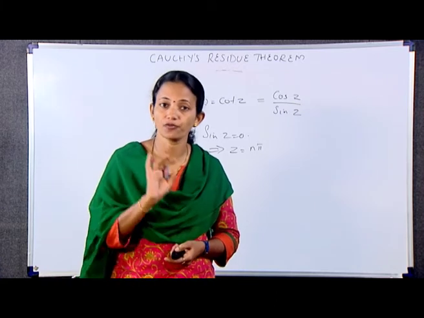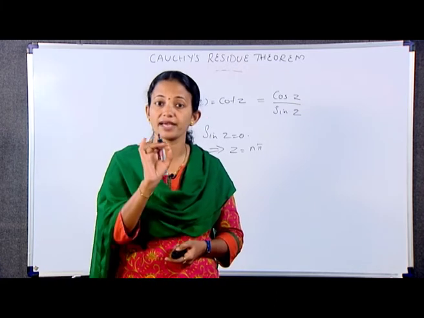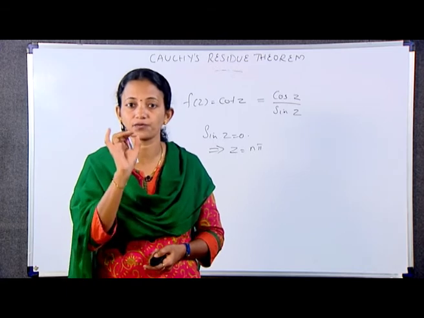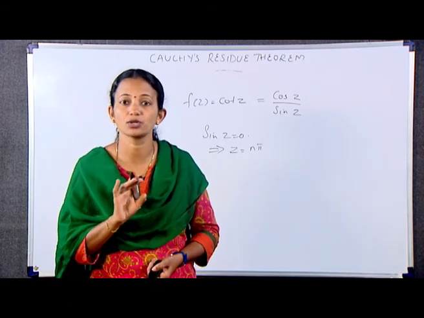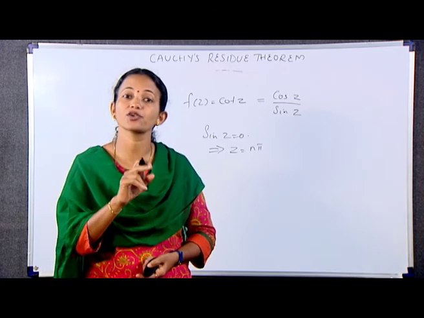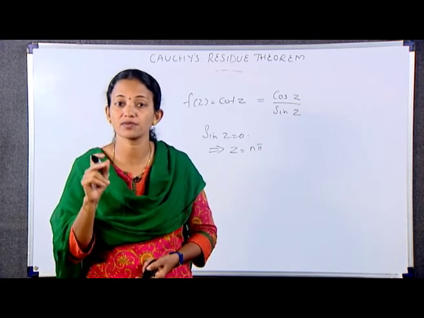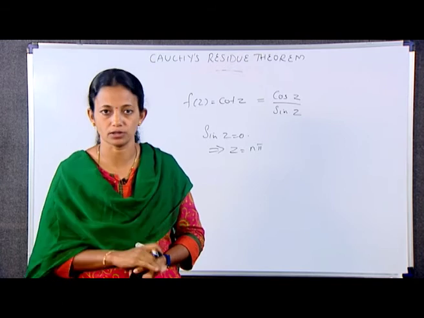Since p of n pi, that is minus 1 whole raised to n, is not equal to 0, q of n pi is equal to 0, and q dash of n pi is again minus 1 whole raised to n, not equal to 0.